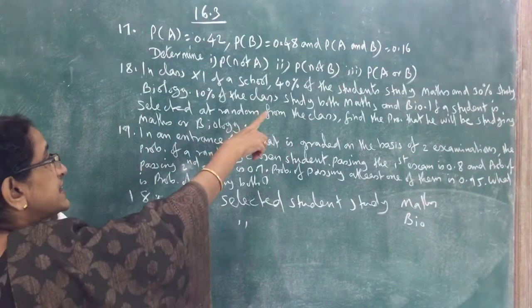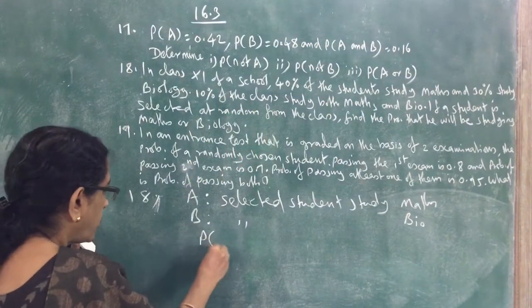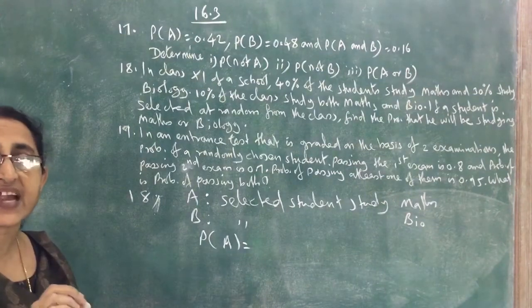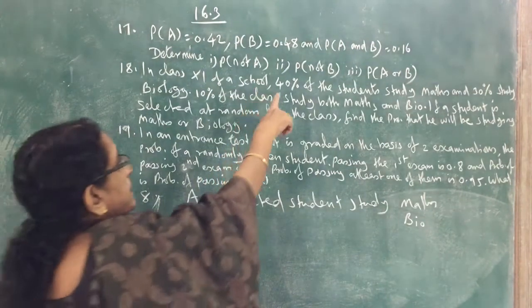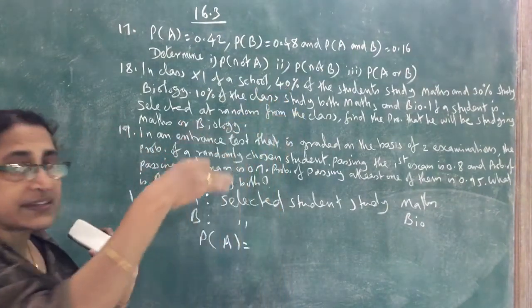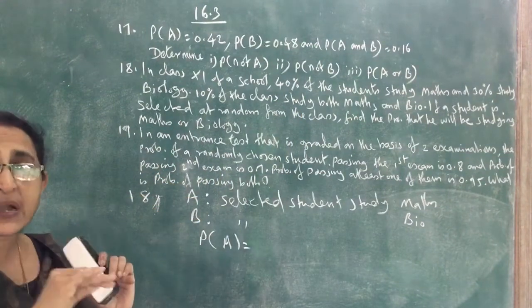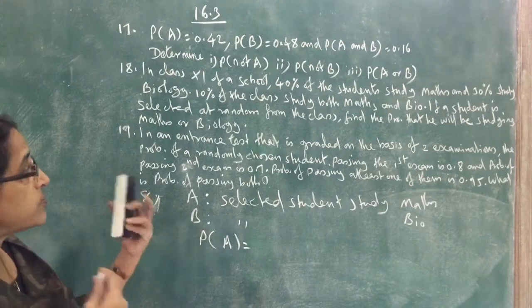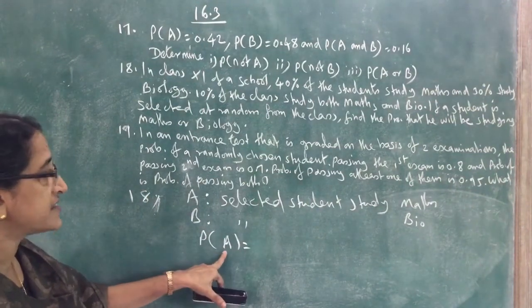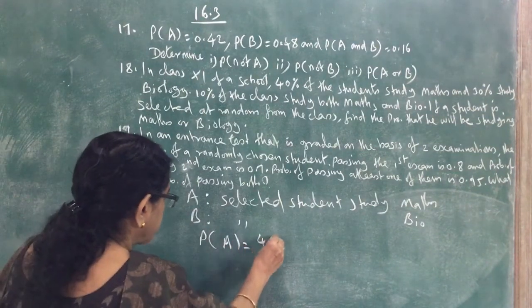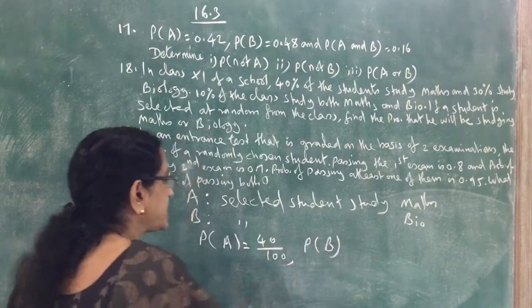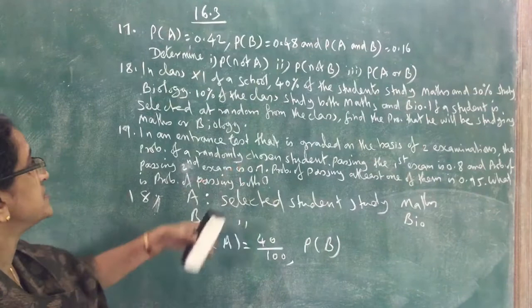So using this given condition, we can write probability of A, that means probability that the selected student studies maths, is 40 by 100, because in the class 11, 40 out of 100 study maths. Probability of B means probability that the selected student studies biology.